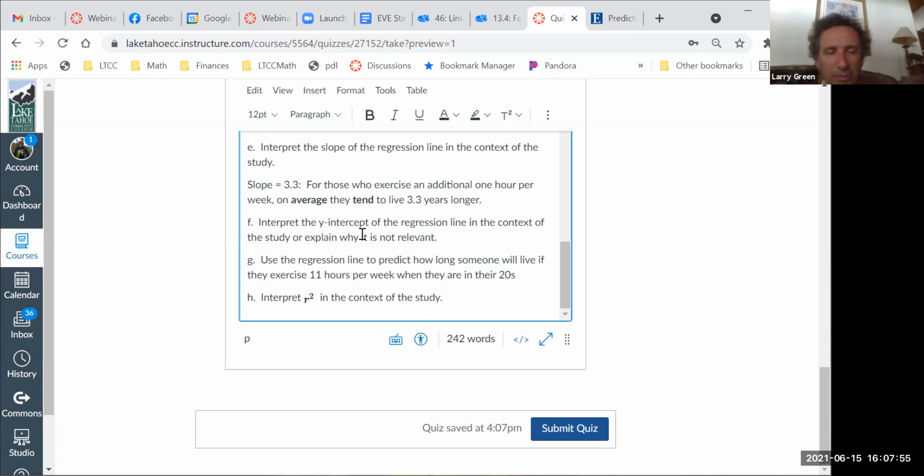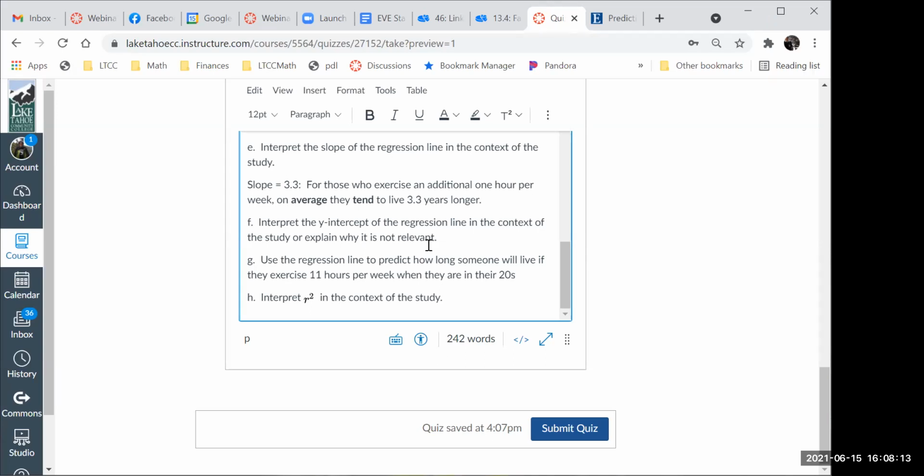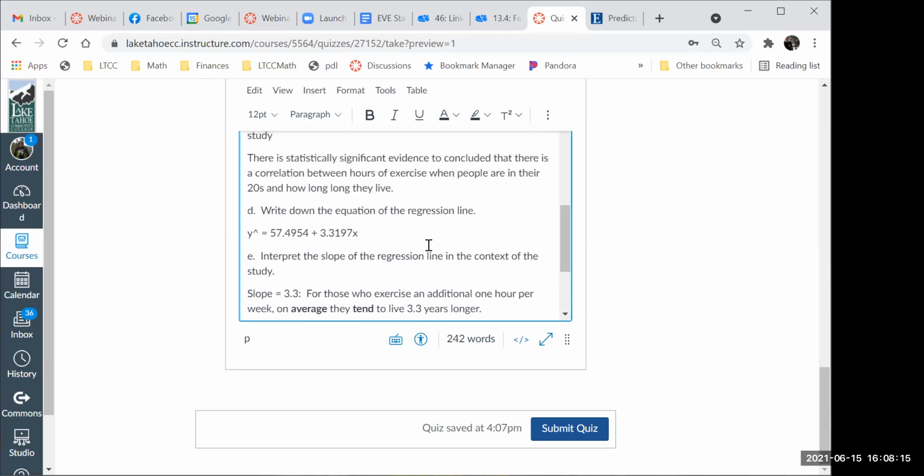All right, interpret the y-intercept of the regression line in the context of the study, or explain why it is not relevant. Okay, so for the y-intercept, what's the x value for the y-intercept? 0. Okay, does that make any sense?